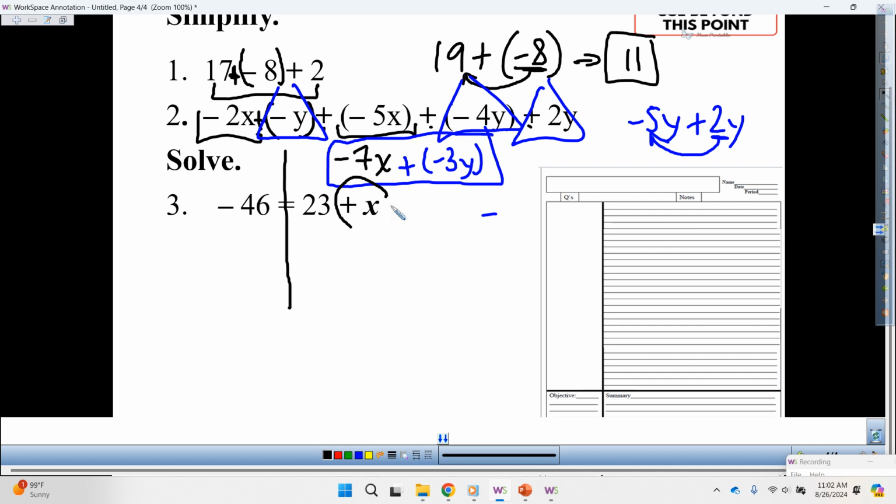Where's my variable? Right here. What's next to it? A positive 23. So to get rid of it, we do the opposite. What's the opposite of positive 23? Negative 23. We do that to both sides. That leaves us with negative 46 minus 23, that's negative 69, and all that equals x.